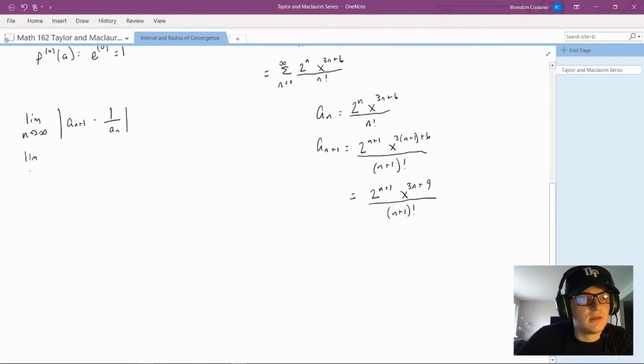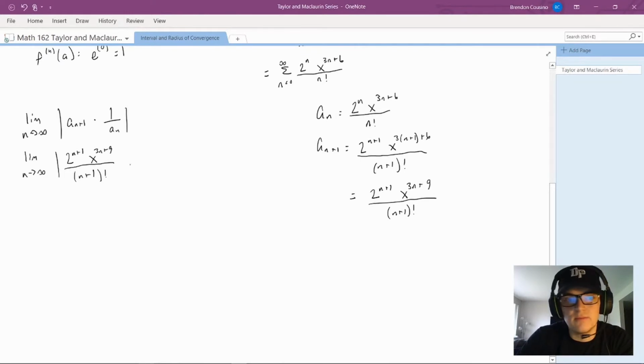So we have the limit as n approaches infinity of the absolute value of a of n plus 1, which is the term that we just wrote out there. So that's going to be 2 to the n plus 1 times x to the 3n plus 9 divided by n plus 1 factorial, multiplied by the reciprocal of a of n.